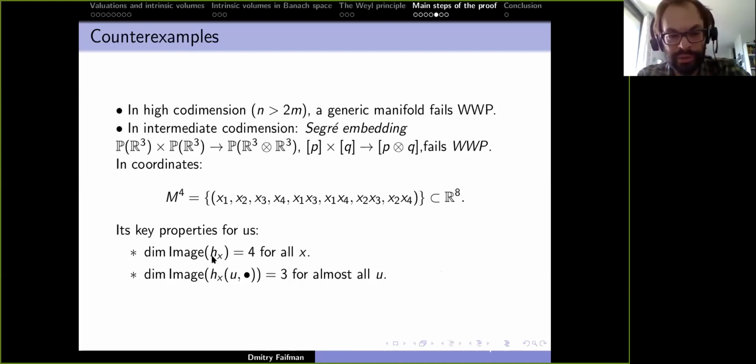So the image of the second fundamental form at a point is almost always larger, and the other thing that we need for technical reasons is that this number here is constant for almost all u. And that's basically how you can construct a counterexample.